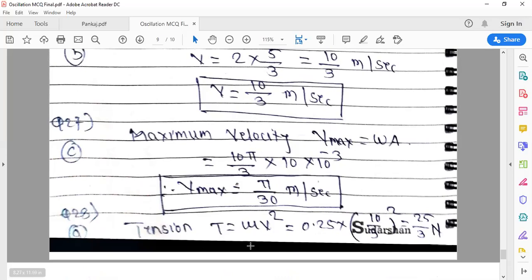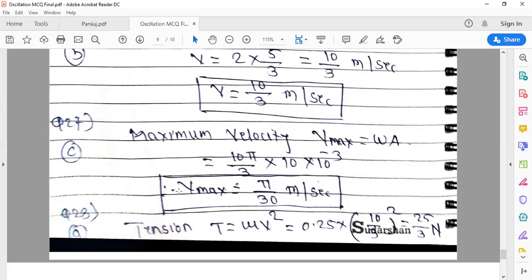So tension is equal to mu, what is mu? Mu is the mass per length, into v square, velocity square. So mu is already given in the figure, 0.25 into the velocity square, 10 by 3 square, we get 25 by 3 Newton. So the correct option for the tension in the string is option E.